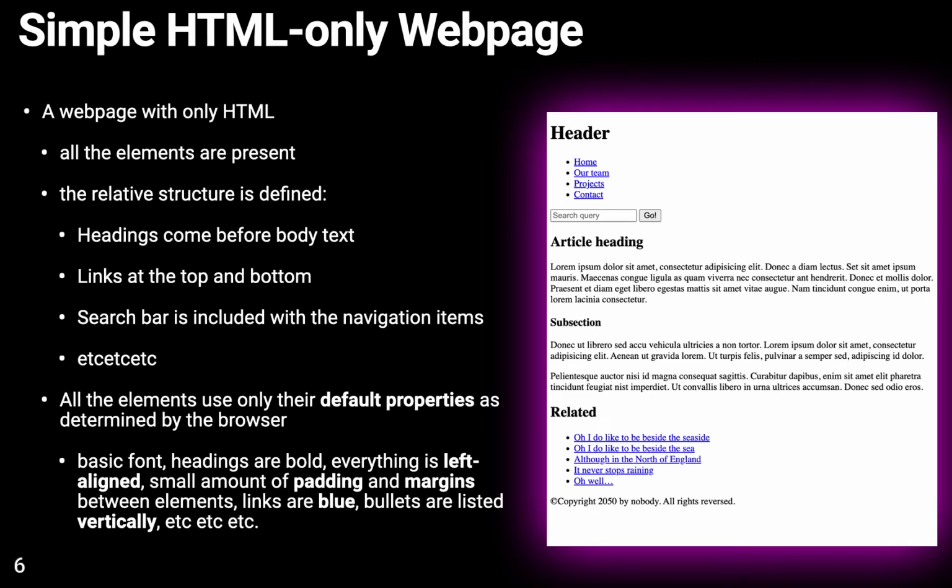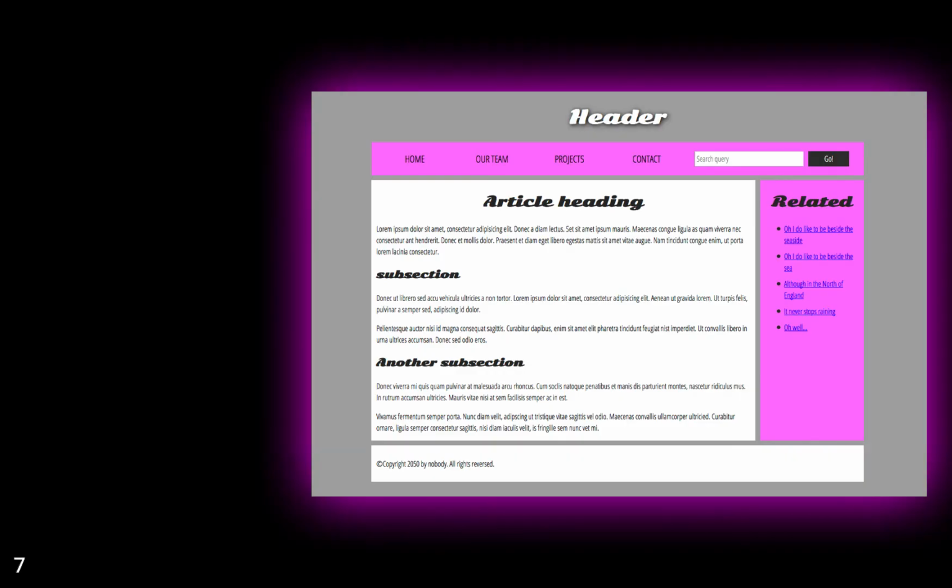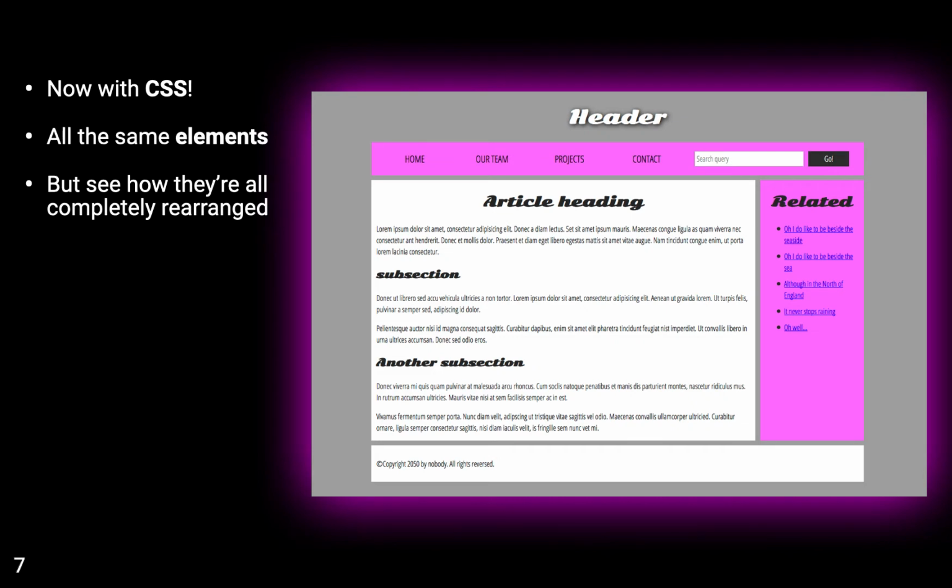Okay. So now let's just talk about ramping this up a little bit. Once you add CSS into the mix, now we've got the exact same page with an additional subsection that I had to remove on the last one. The exact same page now with all the same elements, right? But now look how they're completely rearranged. And this is just adding CSS, right?